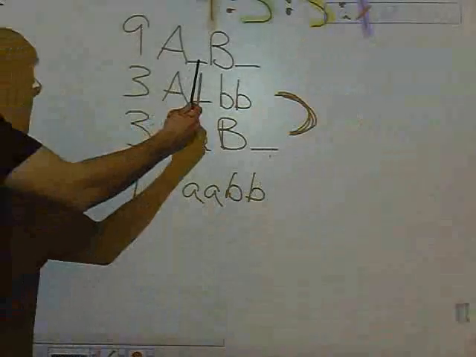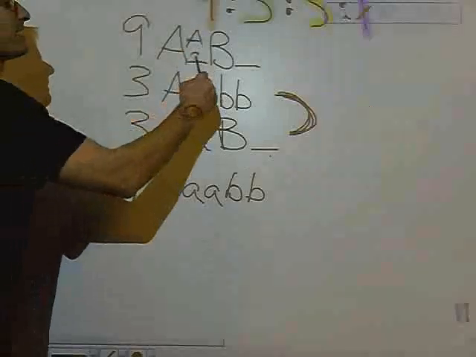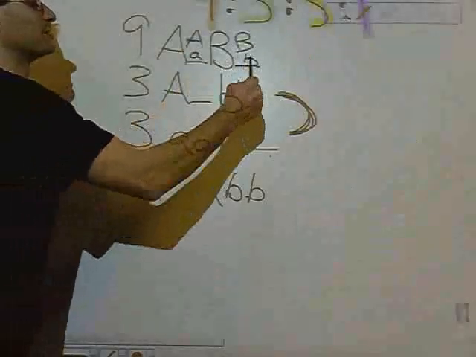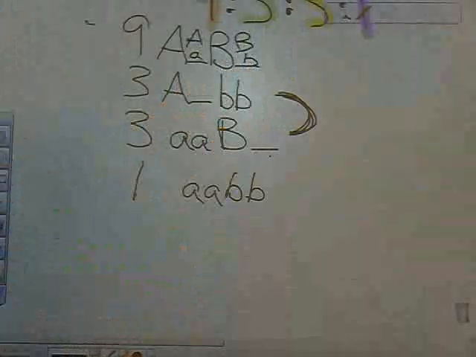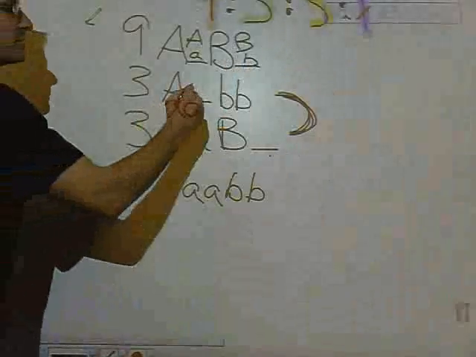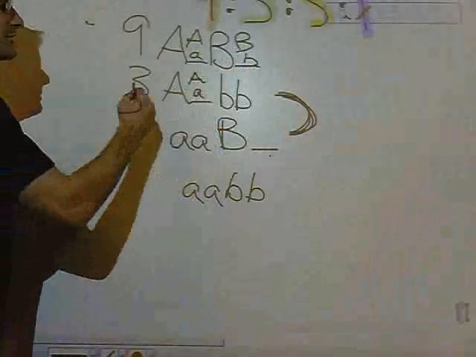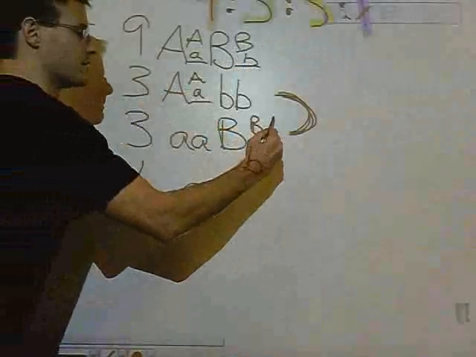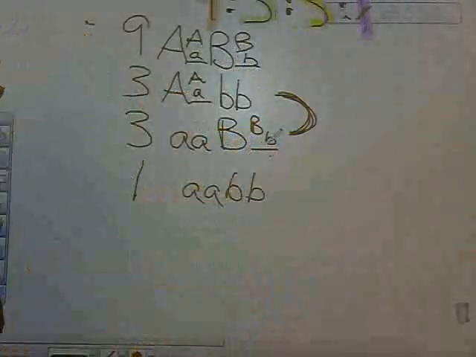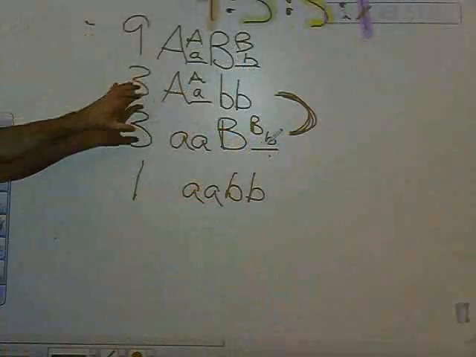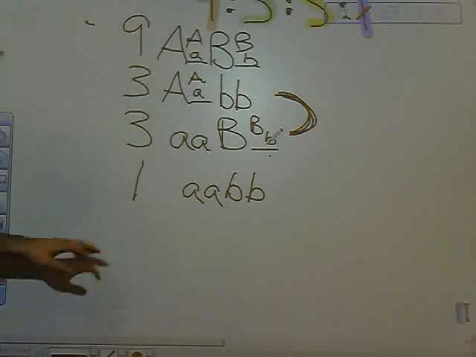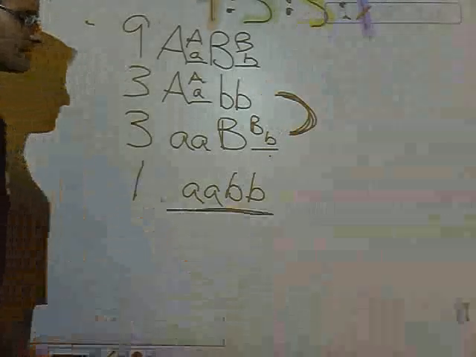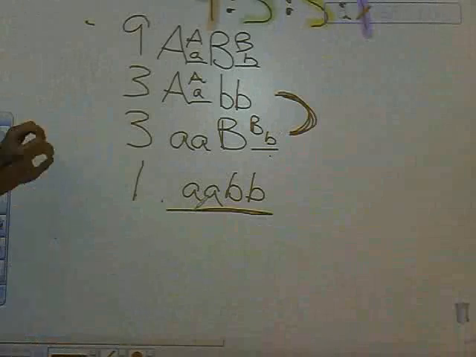So you can see there's a lot of flexibility here. You can have either big A or little a, big B or little b, and that represents 9 out of 16 in my Punnett Square. You can only get flexibility here for 3 of them, and only, conversely, get flexibility for B. So again, 3 in each of these in the Punnett Square, and then again, kind of my runt of the litter, having all the homozygous recessive traits.